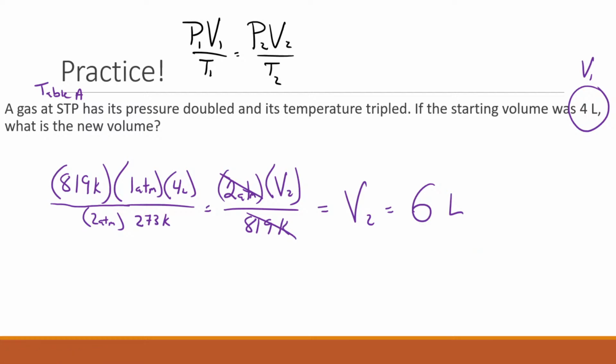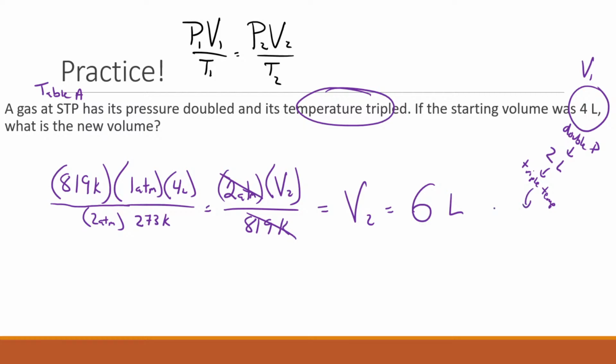So you can plug into the formula and get an answer. Now, people were calling it out in the chat. Actually, just Sylvie was calling it out in the chat. We know how these are going to affect volume. If I double pressure, I'm going to cut my volume in half. So I'm going to go from 4 to 2. But then I triple temperature, so I'm going to multiply this by 3.